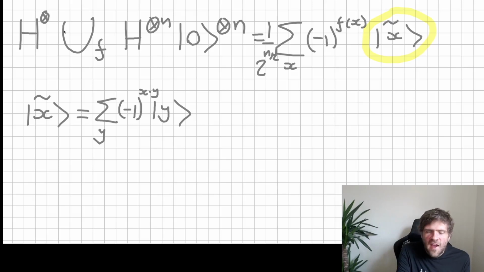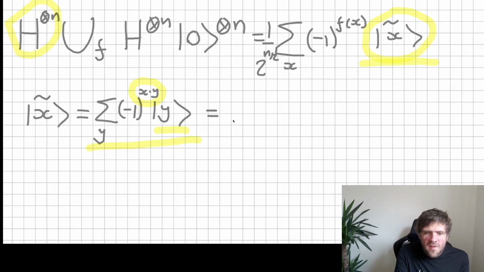So the action of the Hadamard that we have over here is to turn each of these x's into x tildes, where I'm just using that to express another superposition of now these basis states y, and then we have these phases characterized by this x dot y.